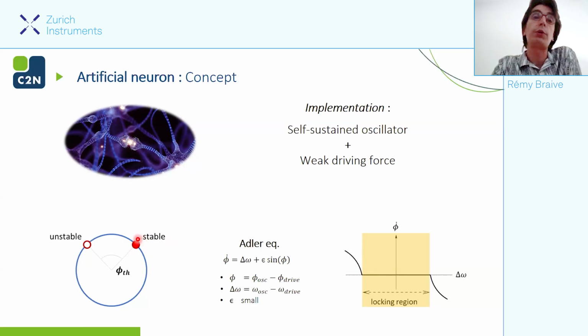And this stable point is where our system is when you are locked, and the unstable point is when you are unlocked. And you see that in the phase space, you have a phase difference between the two. And this is really important for the following, because it's this phase difference that we need to work with and to overcome in order to demonstrate an artificial neuron.